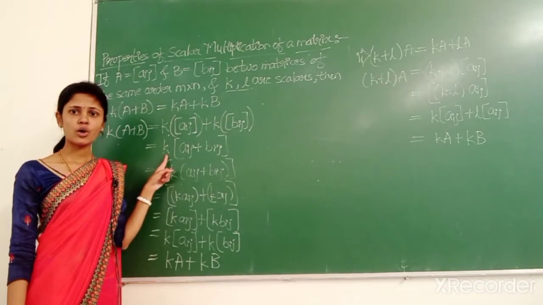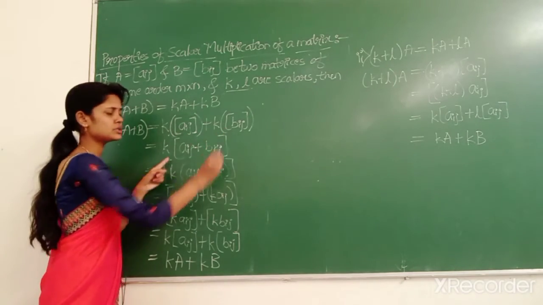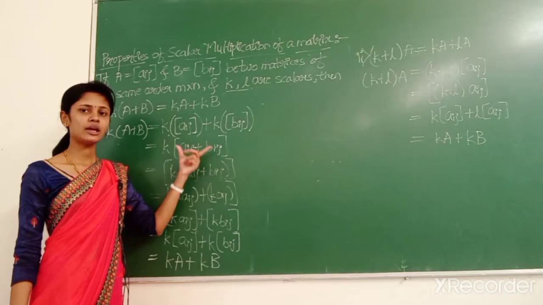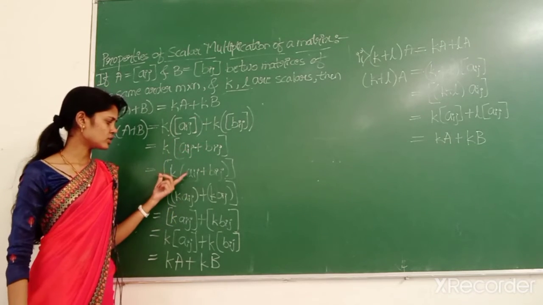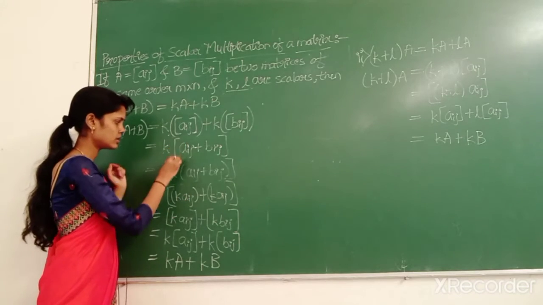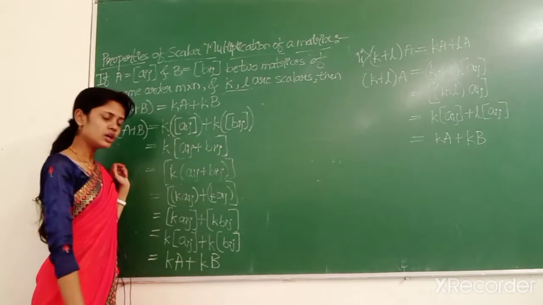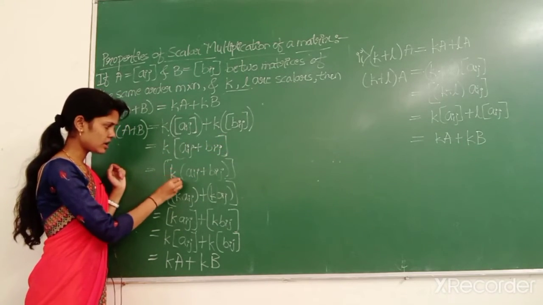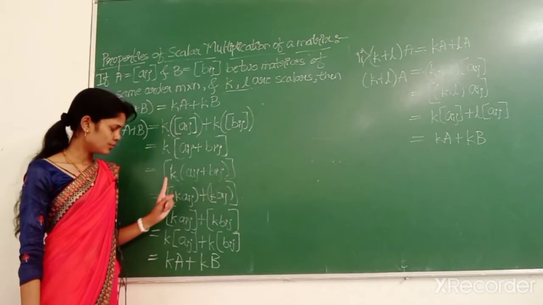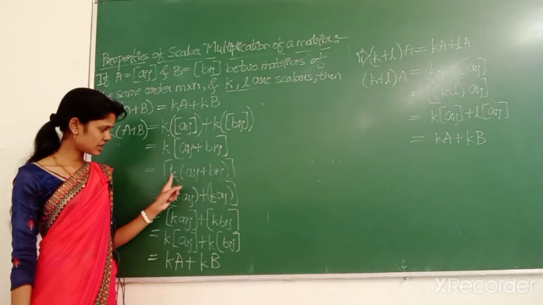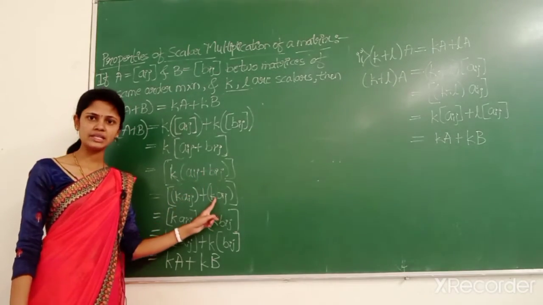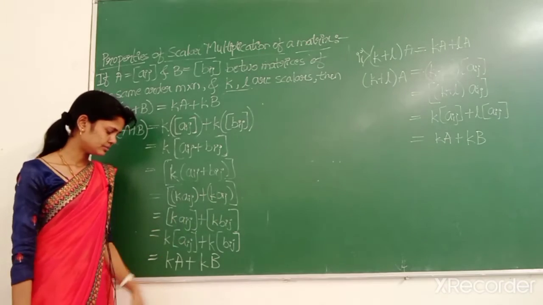Taking K common in both terms, we are left with K into the square bracket Aij plus Bij, which we can write as K into Aij plus K into Bij.